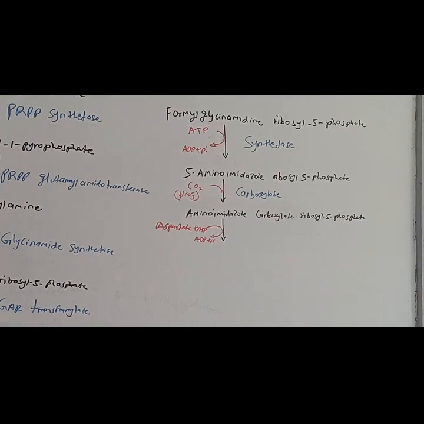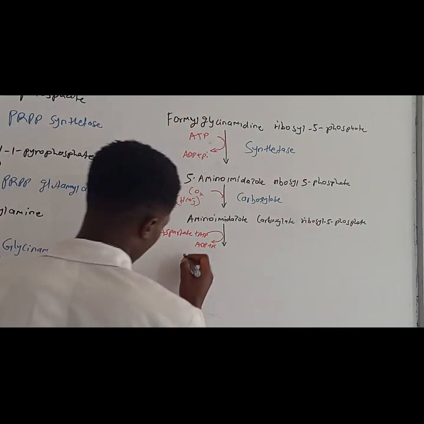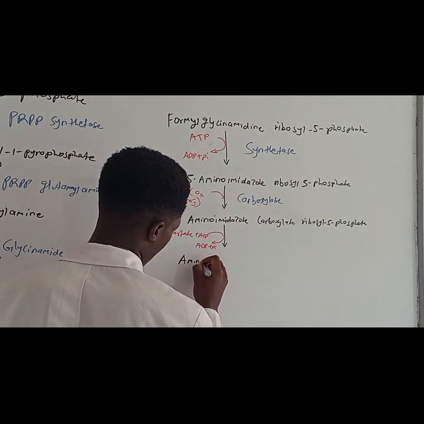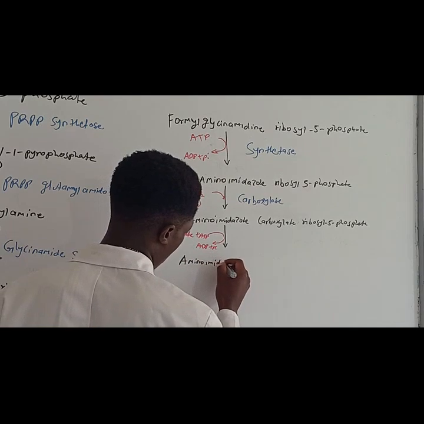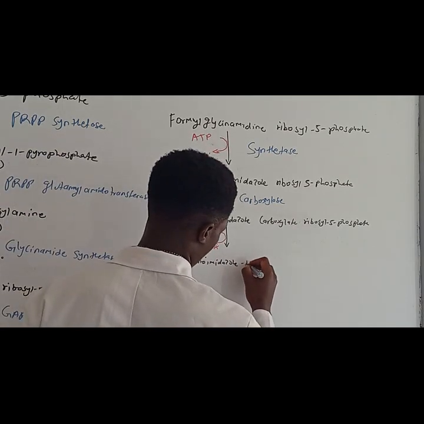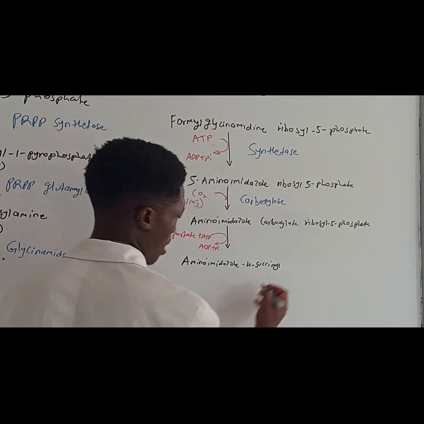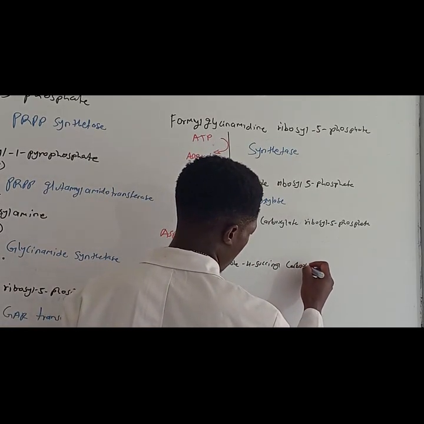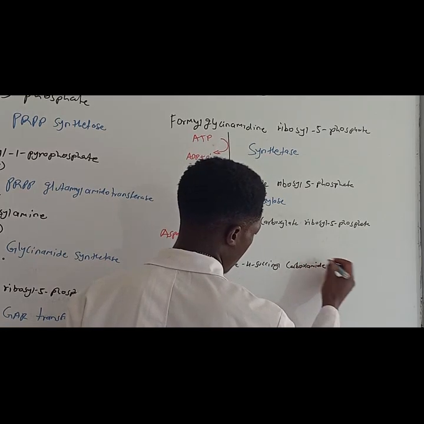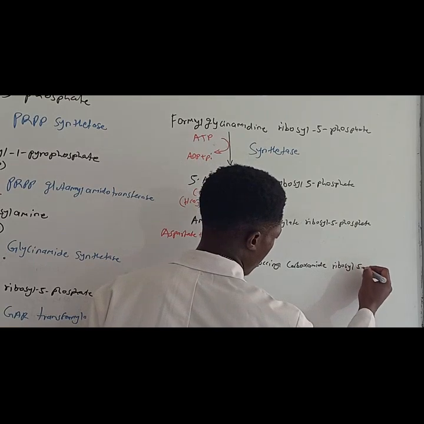Alright, now when we add aspartate, we are going to form a new molecule called aminoimidazole 4-succinyl carboxamide ribosyl 5-phosphate.